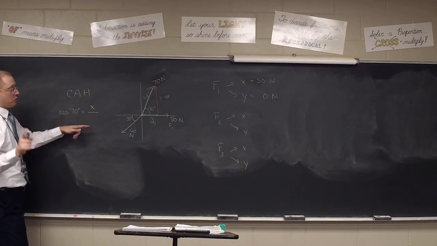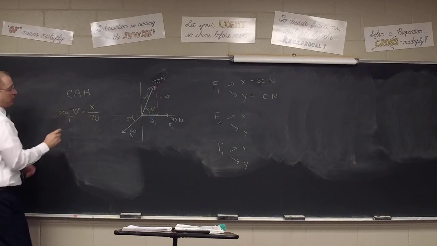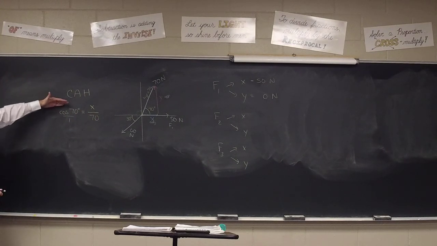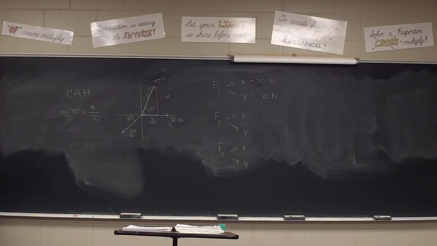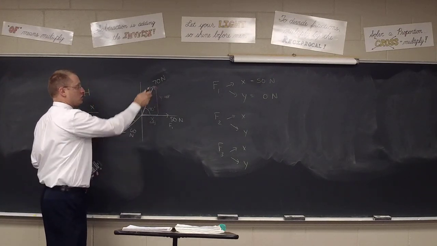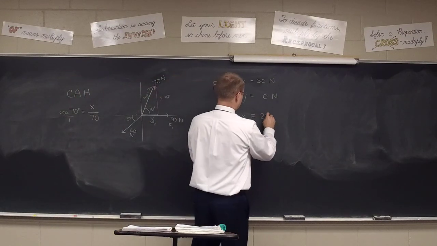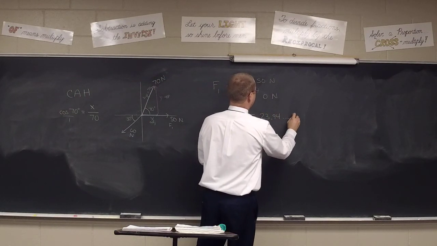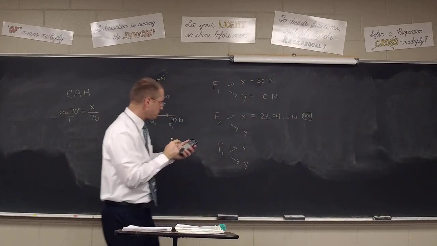Over the hypotenuse, which we know is 70 newtons. Put the cosine over 1, we'll cross multiply the cosine of 70 times the 70 newtons. And Kendall, what did you get for the x component of force 2? 23.941. Good, 23.94 newtons. That's going into memory 1.